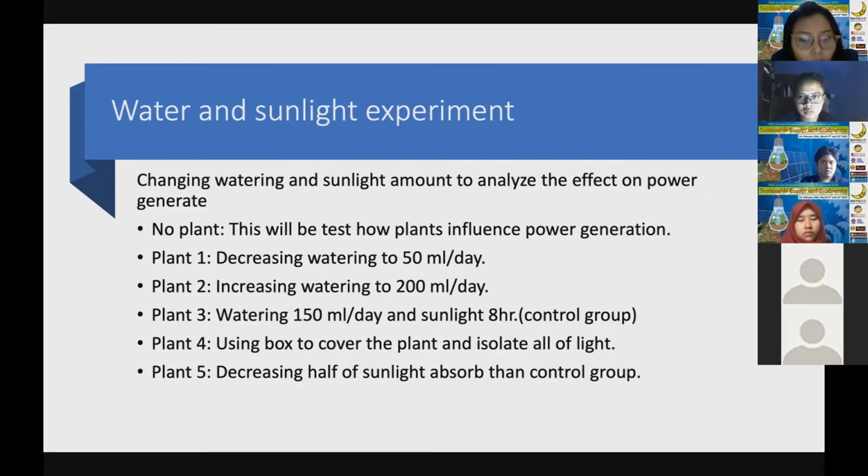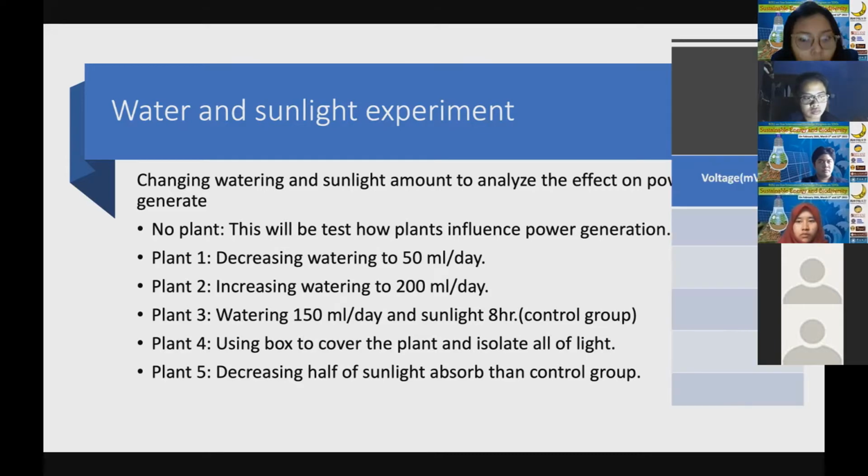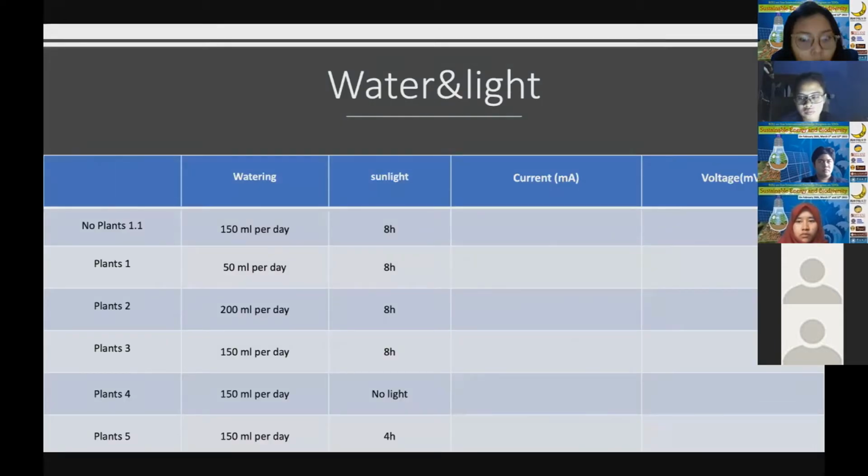We can compare them with each other to know how the plants are influenced and how those factors have an impact. Next, following the schedule, I will record the current and the voltage every day for months, which can help find the best condition for PFC power generation.